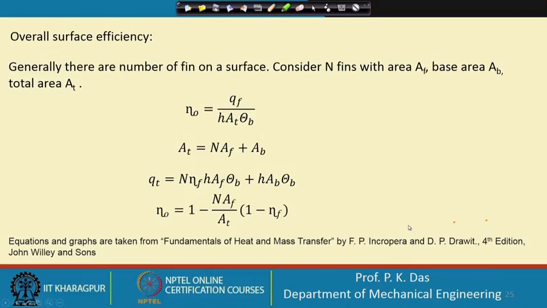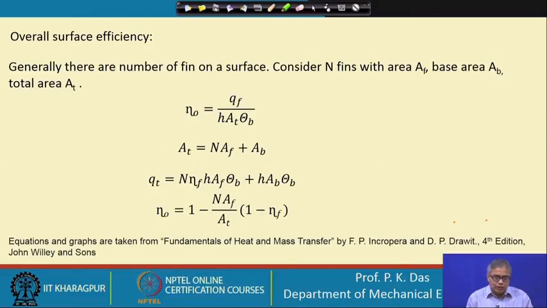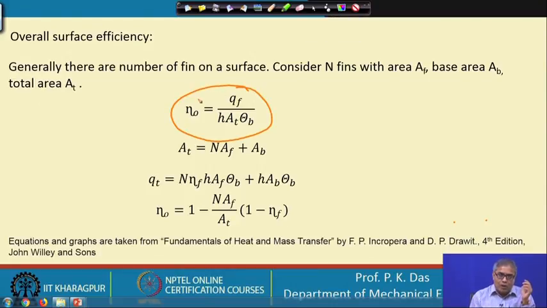Now, the last one I would like to tell: on a surface there will be a number of fins. So, as we have defined fin efficiency, there could be surface efficiency also. The surface efficiency, sometimes called the overall surface efficiency, is given like this. Why overall surface efficiency? Because on a finned surface, heat transfer is there from the fins, and also where the fin is not there, heat transfer is there from the base surface or primary surface.